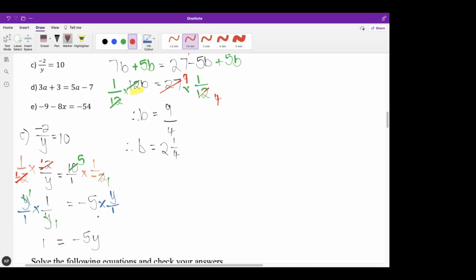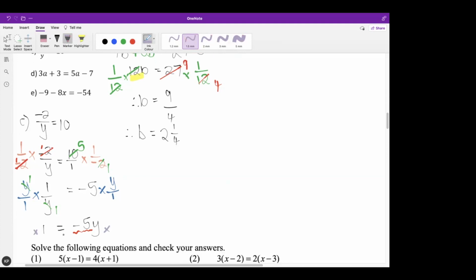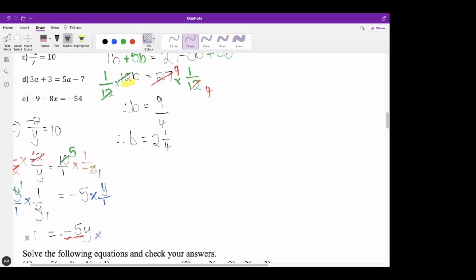But my problem is this dude over here. So I have one more step to go. And how do I get rid of that negative 5, which is now next to my y? Remind me what I multiply by to get rid of a negative 5y. Not divide, I multiply by.